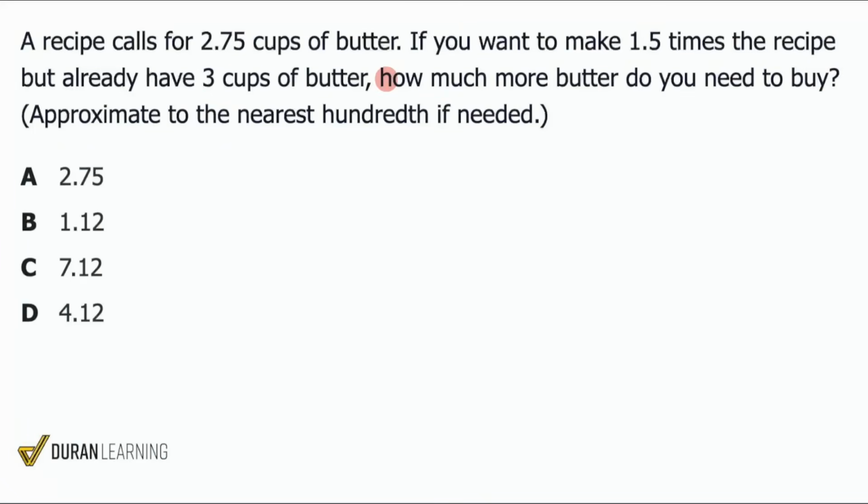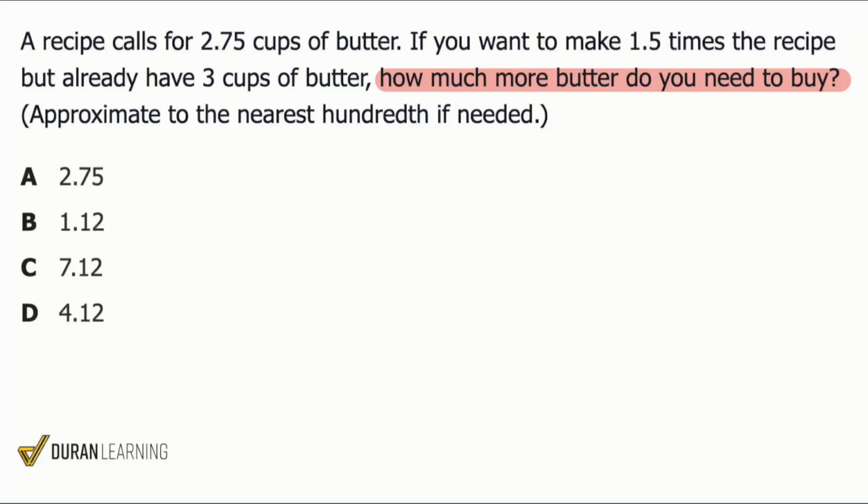Let's think about that, everybody. When we are asking how much more of anything we need to get, what operation does that kind of sound like in your head? Let's think about that very carefully.